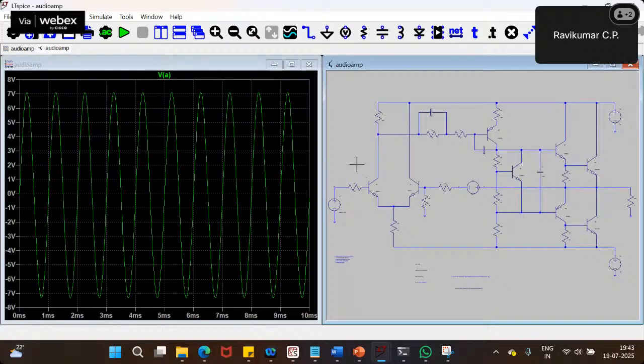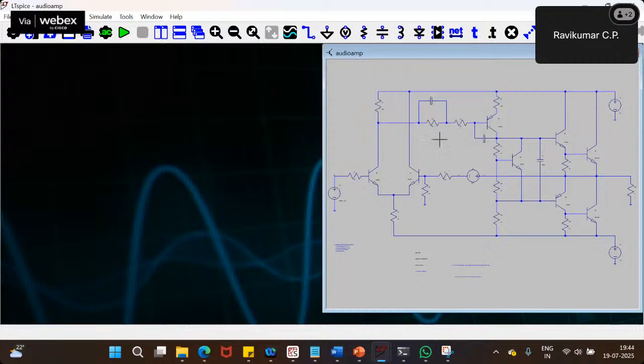It goes from minus 7 to plus 7. That is the waveform. At least to the naked eye, it appears like a purely sinusoidal waveform, right? So you can see what waveform will be generated if, let us say, we make certain changes.